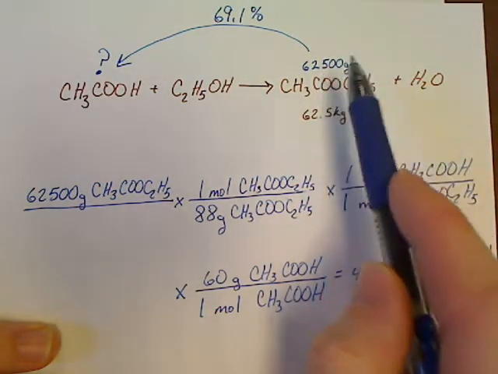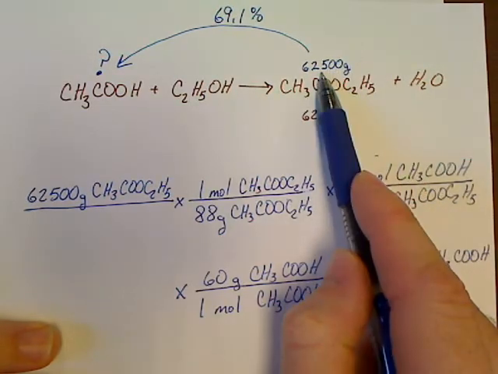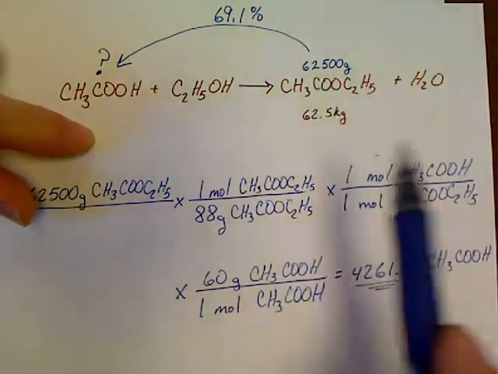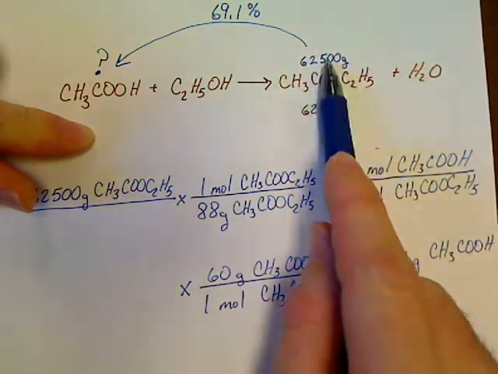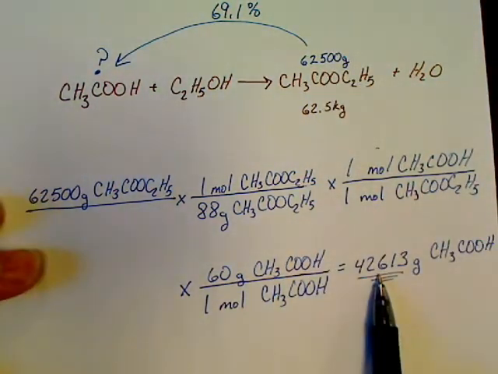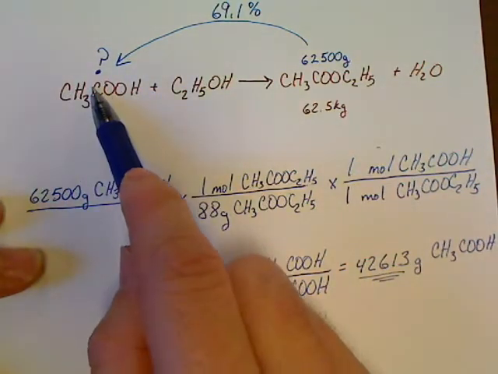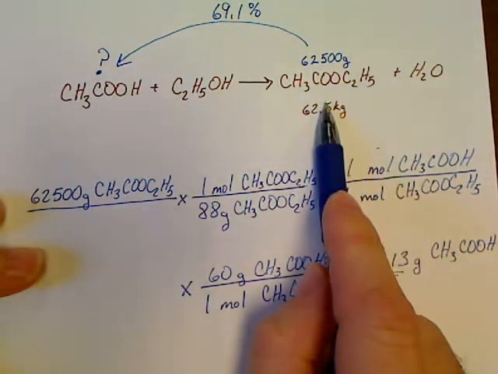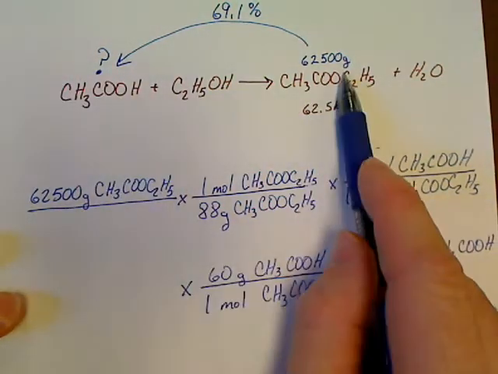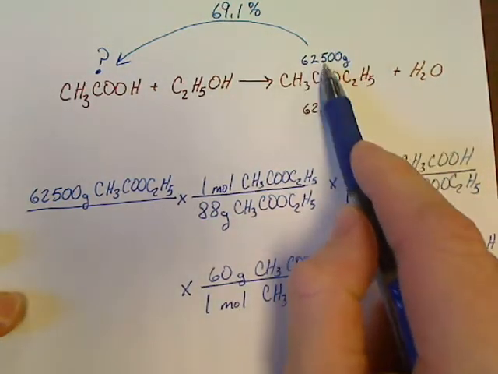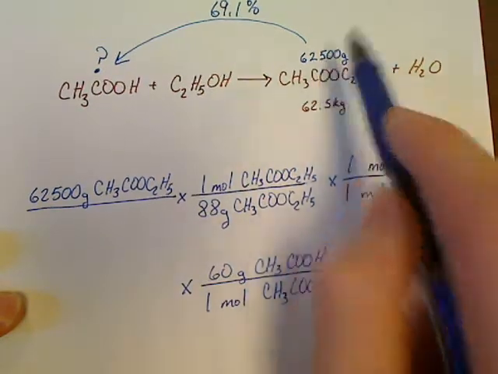This is what we want, is 62,500. Because here's the thing, we're only going to get 69% of what we try to make. So if you start with this and try and mix up your little concoction and get your ethyl acetate, you're never going to get it. You're going to get 69% of this number.